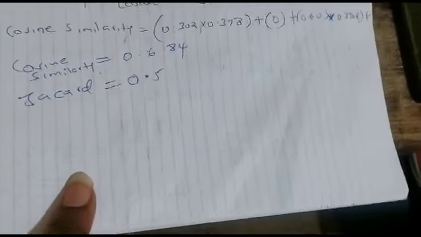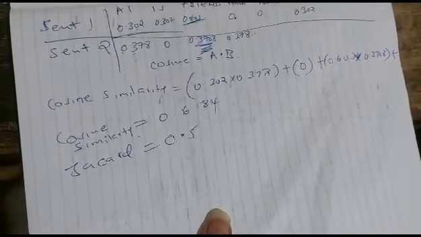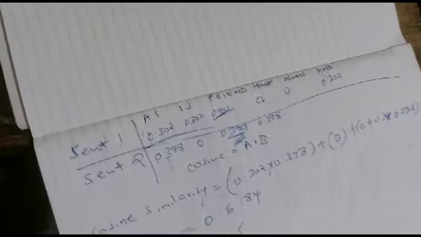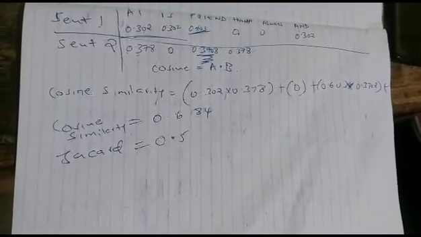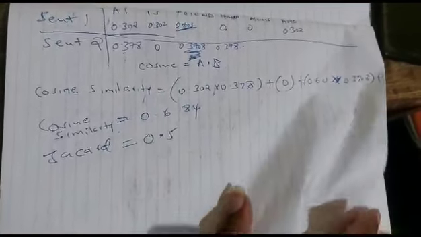Now, you may be wondering, where can I use the Jaccard similarity and the cosine similarity? So I may give you an example. I may tell you that the best way to use the cosine similarity is when in a sentence a word has been repeated twice.